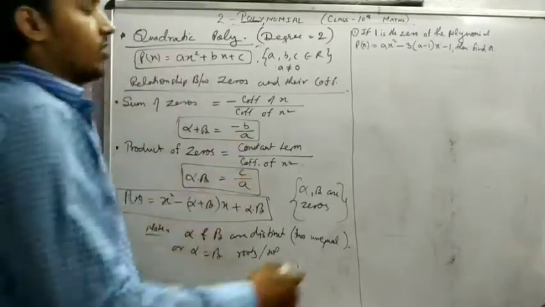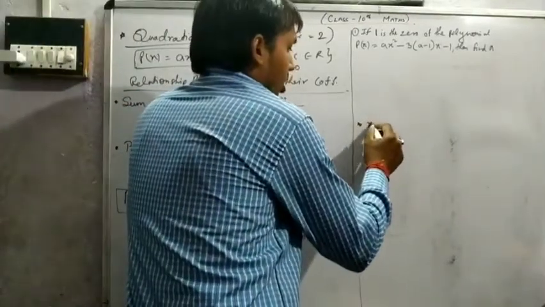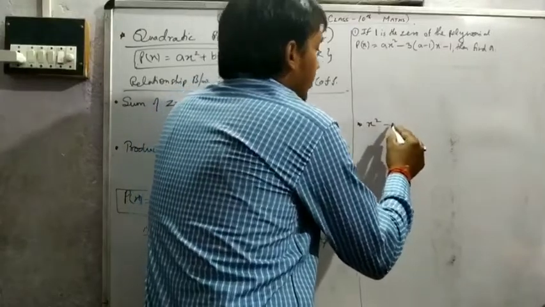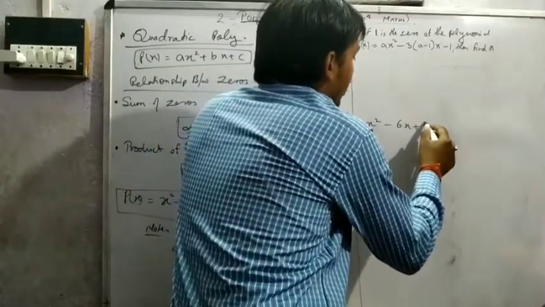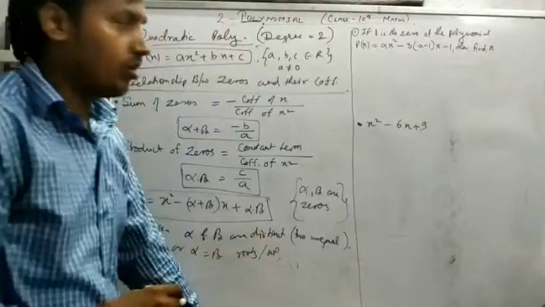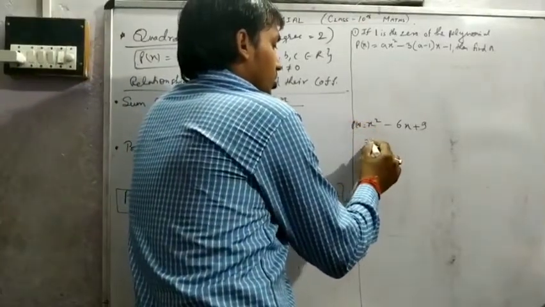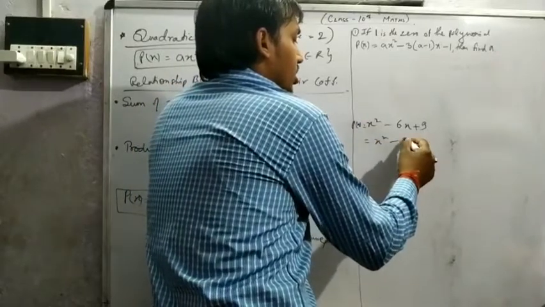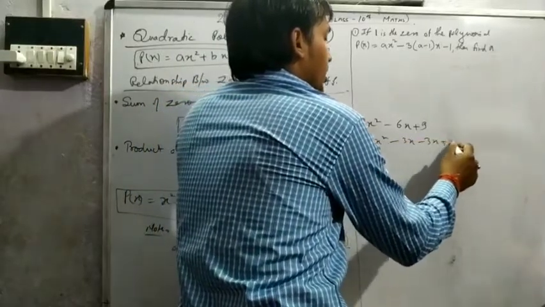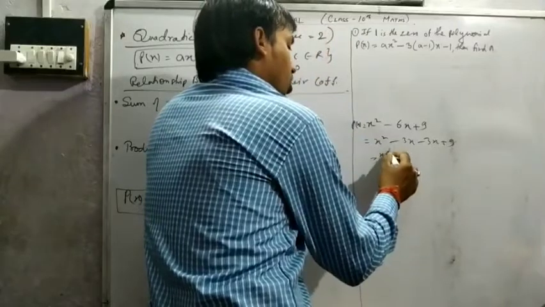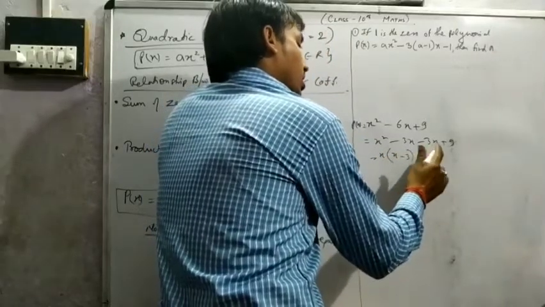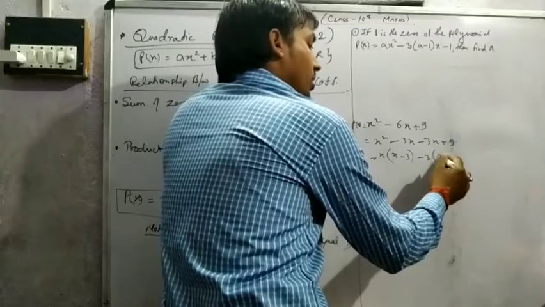Take one example. Suppose x square minus 6x plus 9 is the polynomial p of x. So x square minus 3x minus 3x plus 9, x common, x minus 3, minus 3 common, x minus 3.